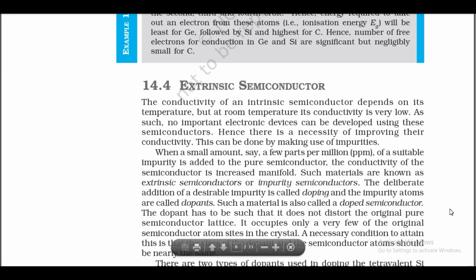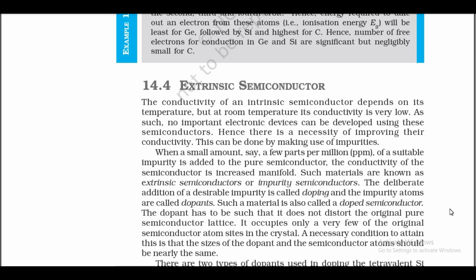14.4 Extrinsic Semiconductor. The conductivity of an intrinsic semiconductor depends on its temperature, but at room temperature its conductivity is very low. As such, no important electronic devices can be developed using these semiconductors. Hence, there is a necessity of improving their conductivity.